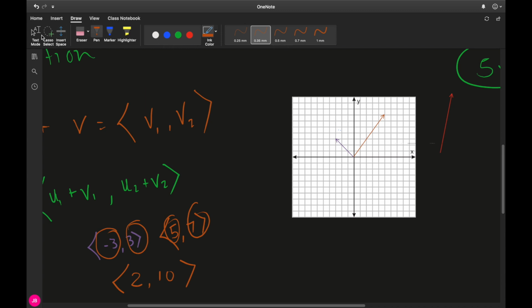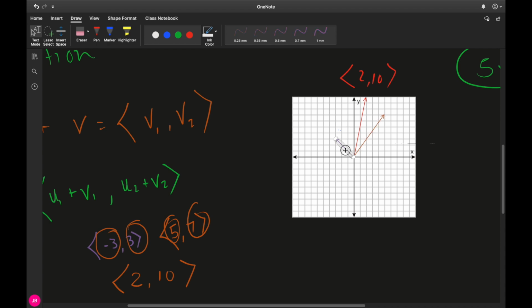Now if I go ahead and put this red line segment back, I see that it actually does end up at 1, 2, 3, 4, 5, 6, 7, 8, 9, 10. So this red vector is 2, 10. Now a couple things that I want you guys to note is that it actually does not matter when it comes to addition which vector you add to which one.